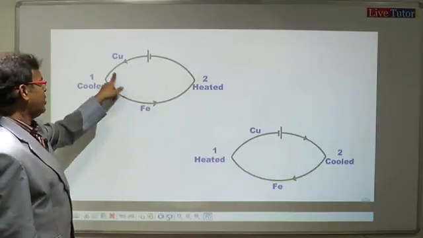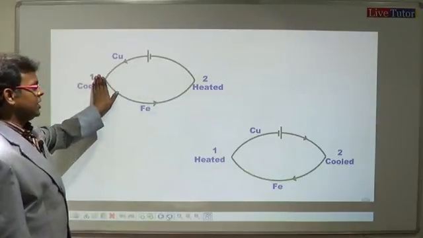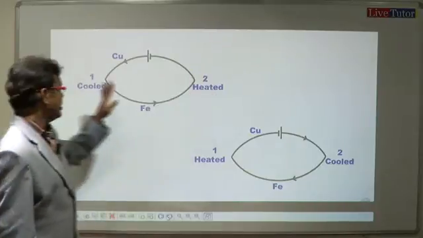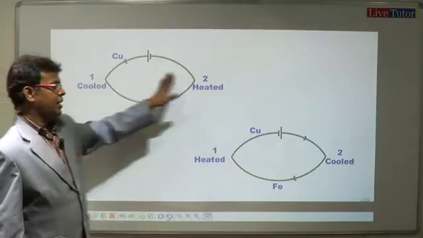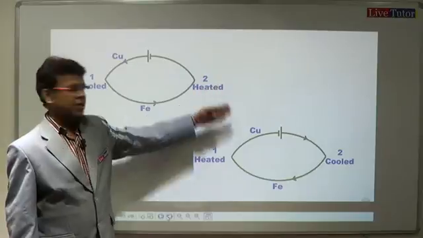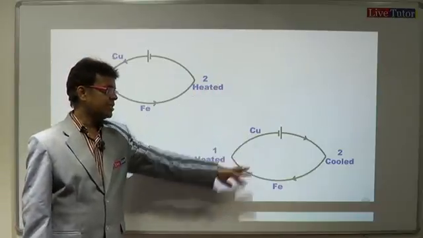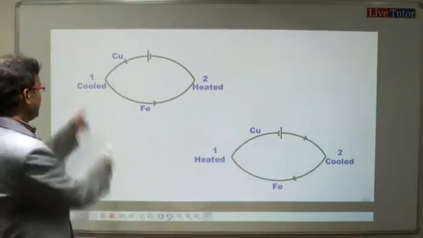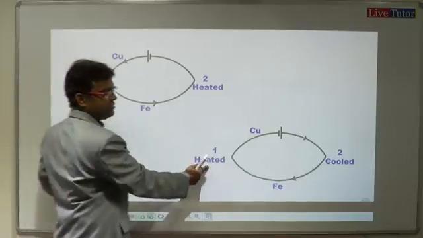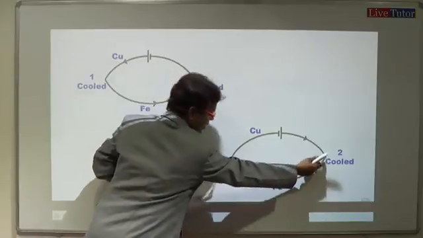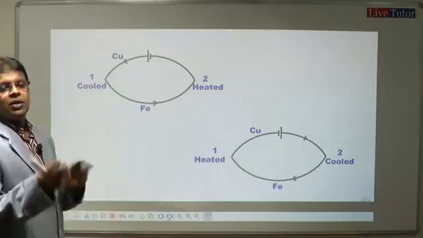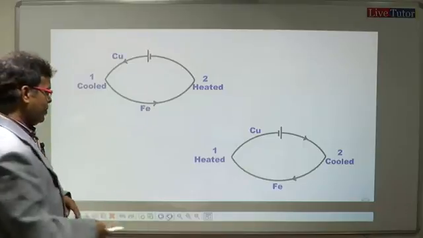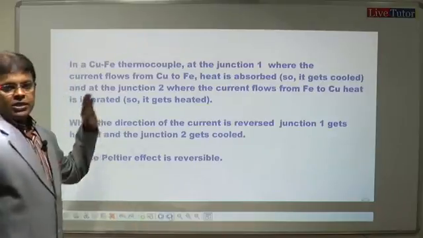In the directional current flow ஆகுது. அப்போ ஒரு junction cool ஆகுது, இன்னொரு junction heat ஆகுது. That is, heat is absorbed here, heat is evolved here. Right? Similarly, other side, if it is reversed, if the battery is reversed, எங்க heat absorb ஆகுதோ அங்க heat evolve ஆகும், எங்க heat evolve ஆச்சோ அங்க absorb ஆகும். So it is opposite. Reversible. Okay. That is what it says.